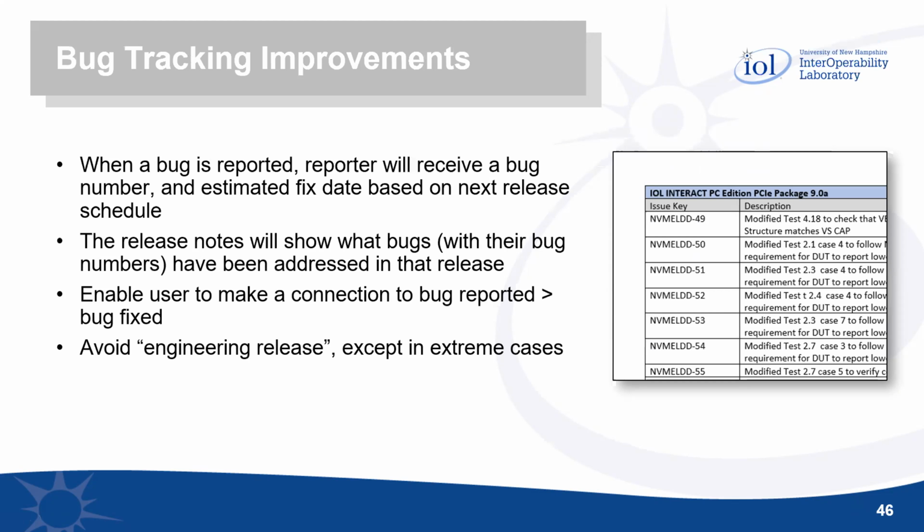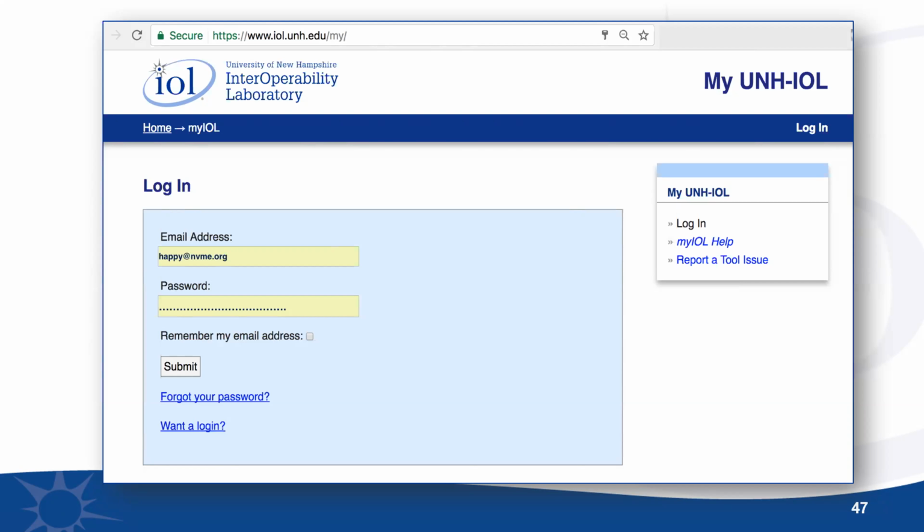So how to report a bug. Everyone with an NVMe membership will have access to the My IOL login. If you do not have credentials, please contact me and I will provide those to you. Once you log in, you'll come to your home screen here.